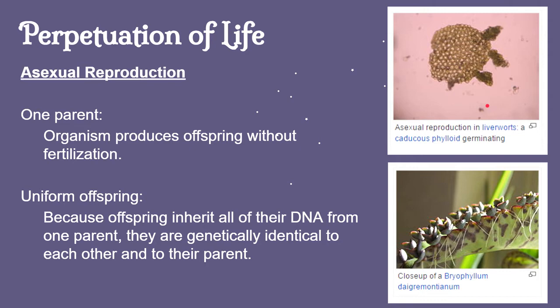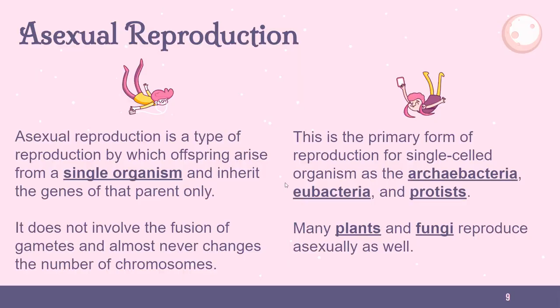Okay, so we see here a close-up of a plant, Bryophyllum daigremontianum. Okay, and we see here the budding of its offspring. Once they have matured, they will be detached from the actual parent's body, and then when they land and germinate on the soil, they become a new organism, a new individual.